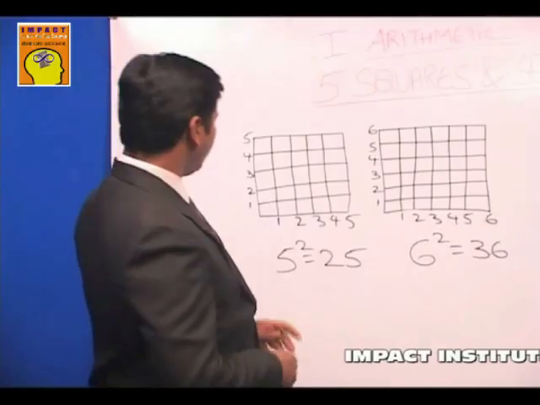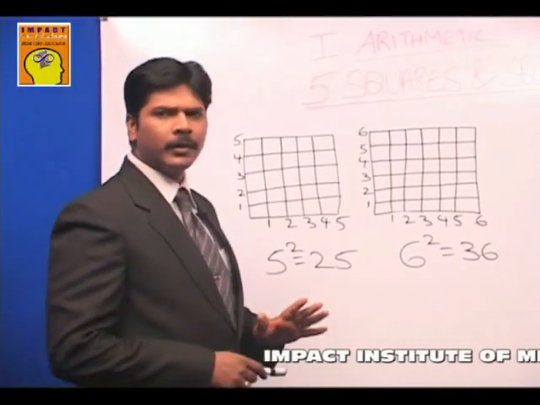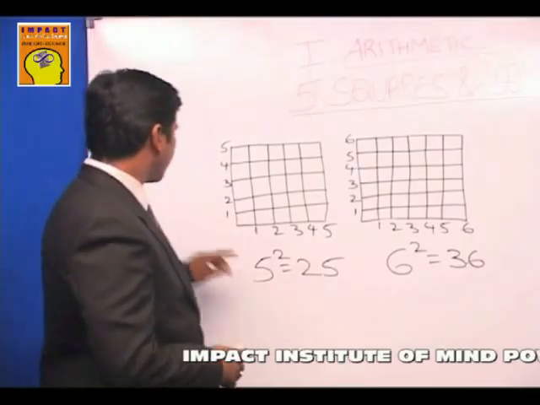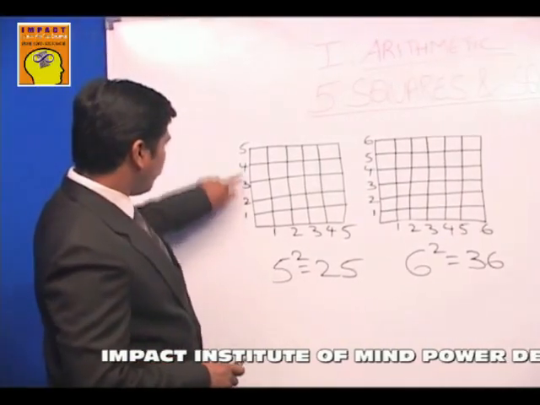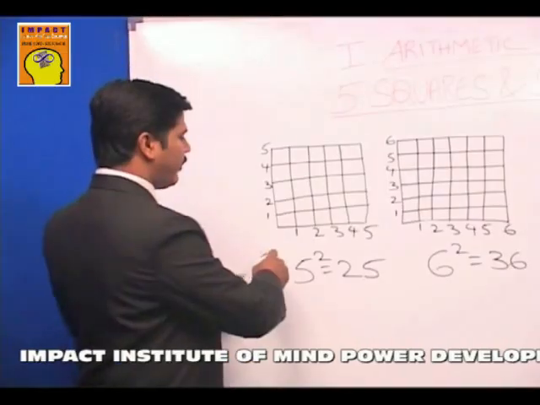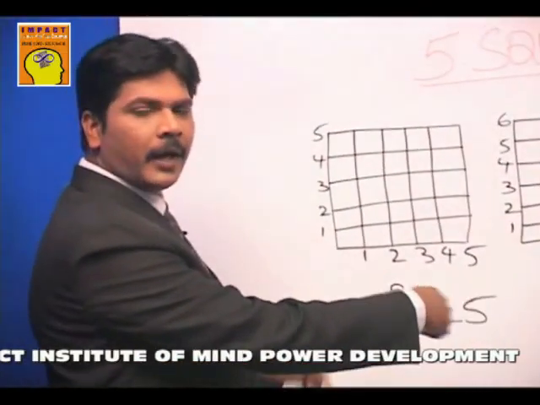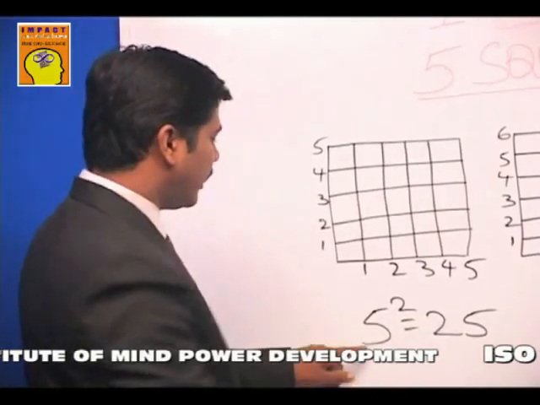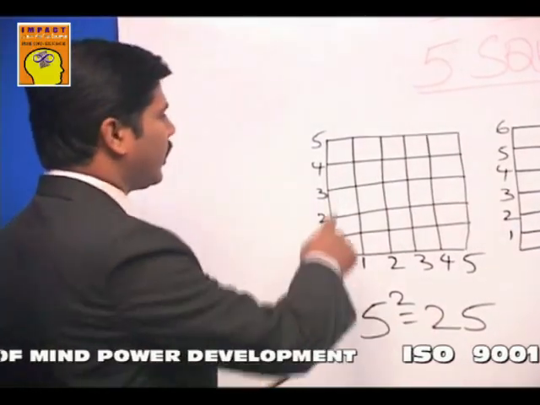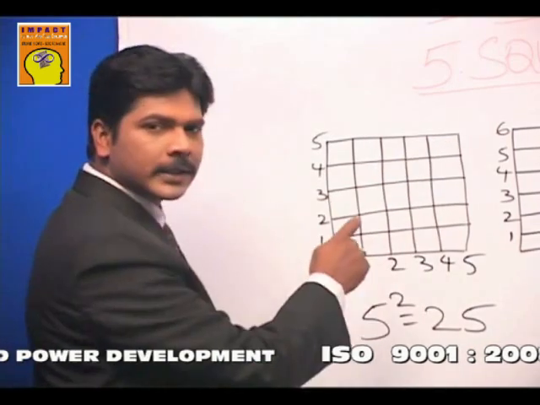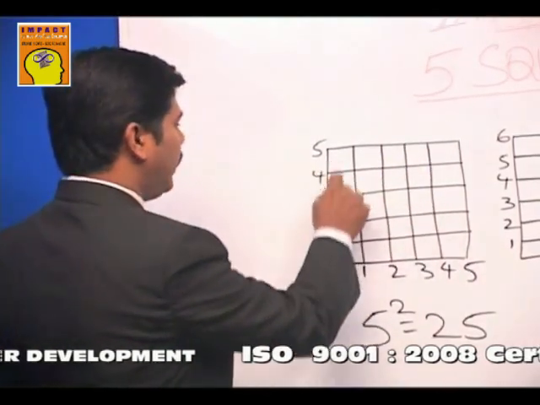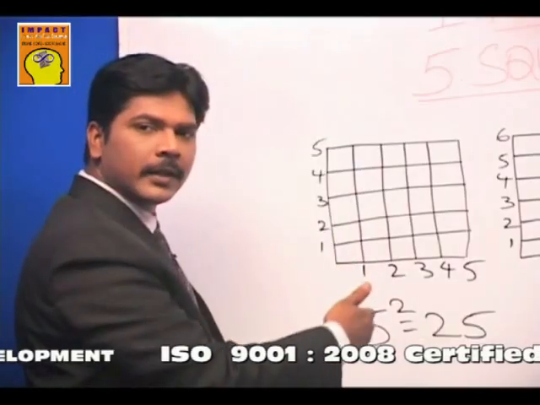Okay, let me give you some examples of perfect squares. If you have 5 in y, you must have 5 in x. When you square it, the area becomes 25. See, 5 square is 25. Check out 1, 2, 3, 4, 5 boxes horizontally and 5 boxes vertically.